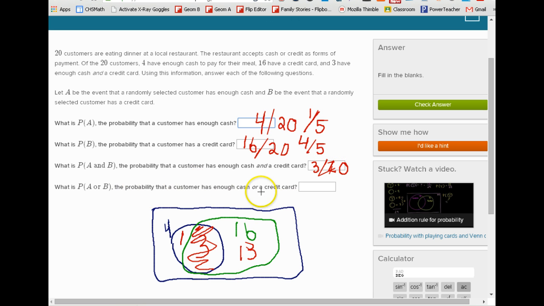And then the probability the customer has enough cash or a credit card. Well, that would be, let's do our probabilities here.